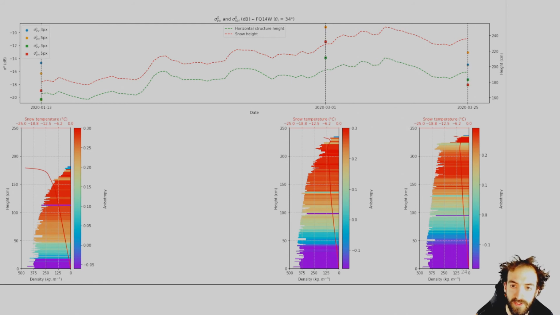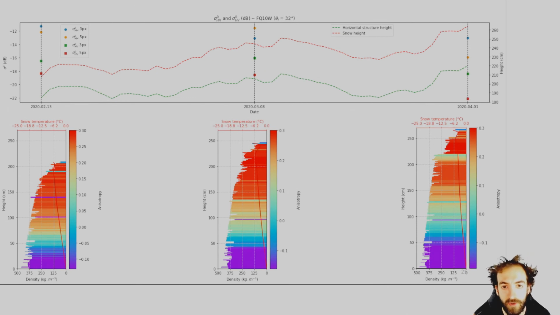We see the same behavior with the VV-VH polarizations, with a slightly lower decrease in backscattered intensity between the second and third date. And this is again right according to Fresnel's law and reflectivity.